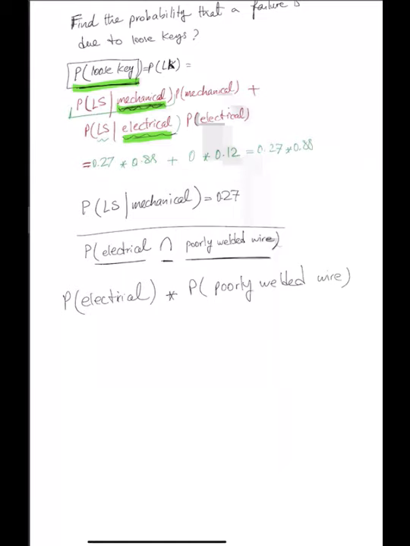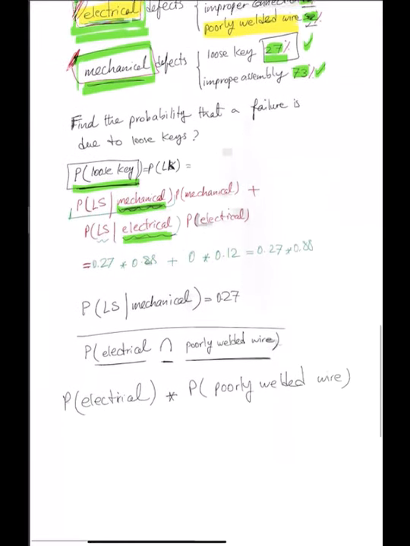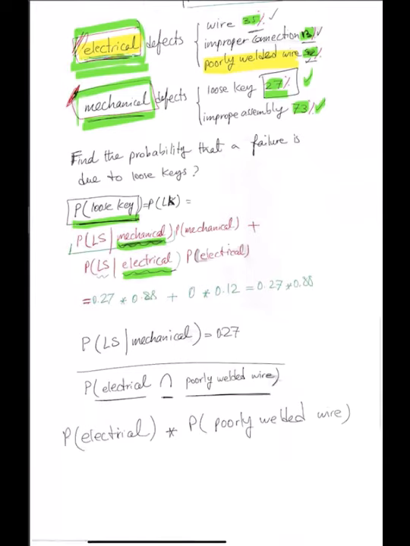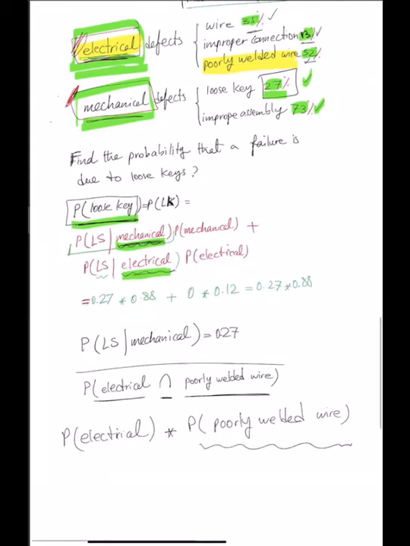Can I do that? If they are independent, you can say that, or you can say the probability of poorly welded wire given electrical. Yeah, exactly. So the answer is no, I cannot write it, because the probability of poorly welded wire being the reason depends on whether the reason is electrical or mechanical. If I know the reason is mechanical, the chance that it's because of poorly welded wire is 0.